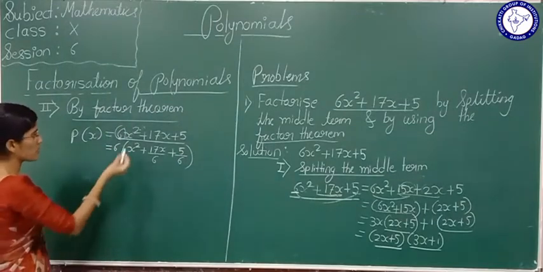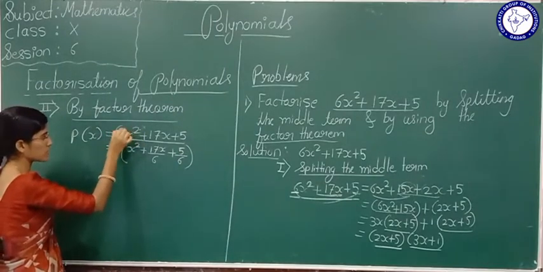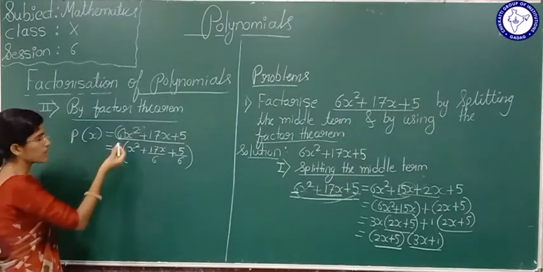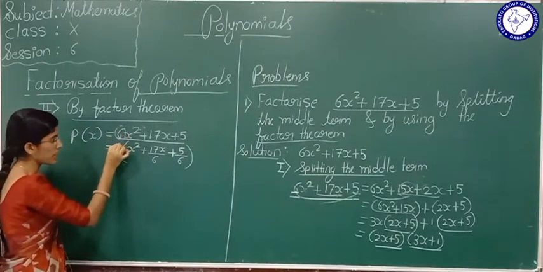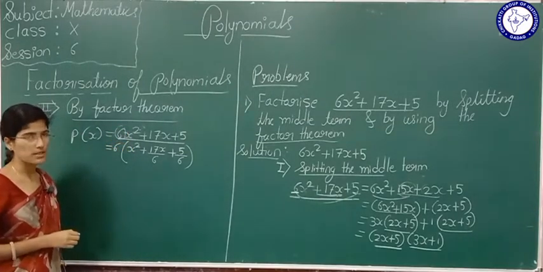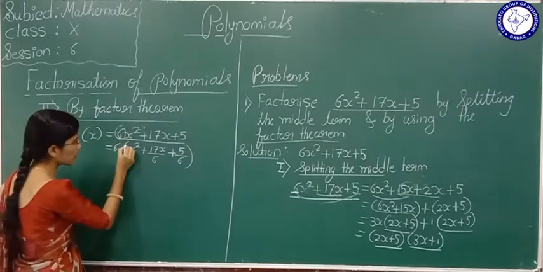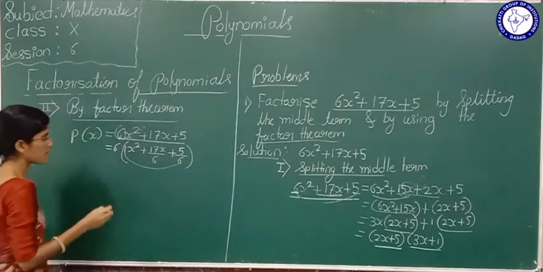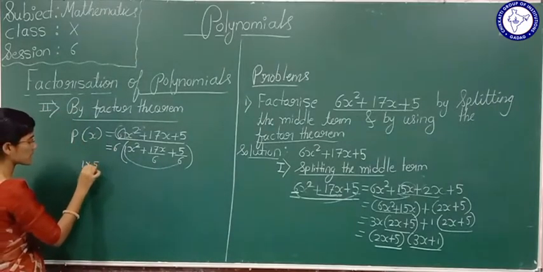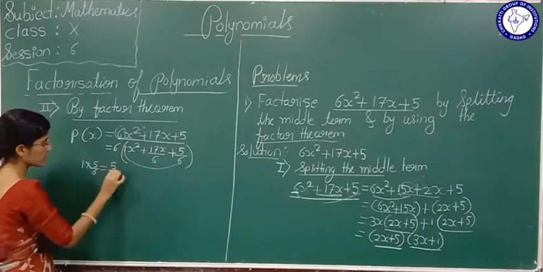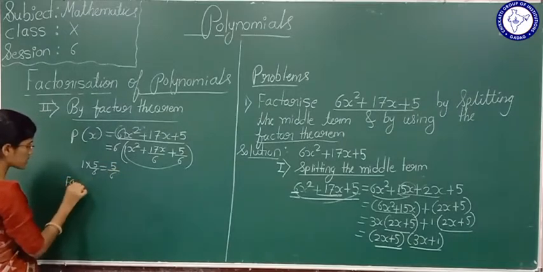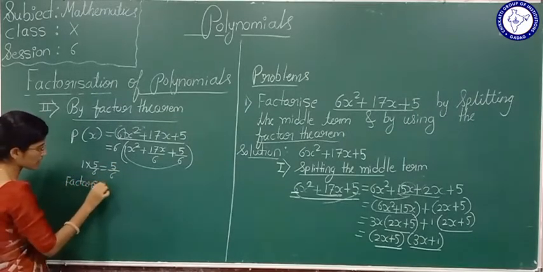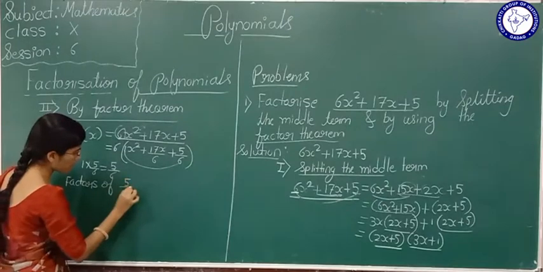Okay, in a quadratic polynomial, the coefficient of x square should be 1. Here it's not 1, therefore I took 6 common. Now see here, now here 1 is there, right? We made it 1. Now multiply 1 into 5 by 6. 1 into 5 by 6 is 5 by 6 only. Now what are the factors of 5 by 6?